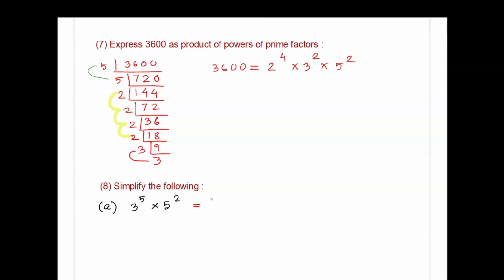So 3 to the power 5, that means 3 into 3 into 3 into 3 into 3, 5 times. And 5 is how many times? 2 times. Now see, 3 threes are 9, 9 threes are 27, 27 threes are 81, 81 threes are 243. 243 into 5 fives are 25.